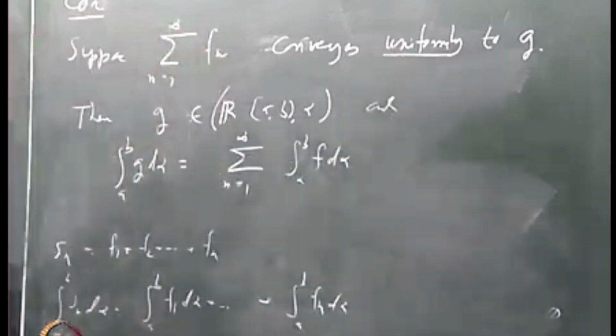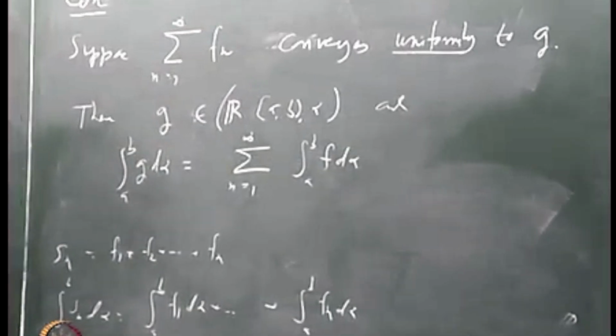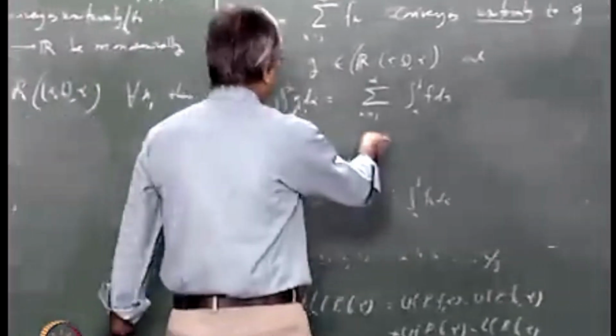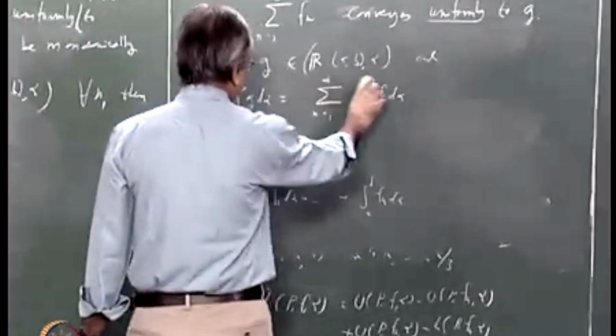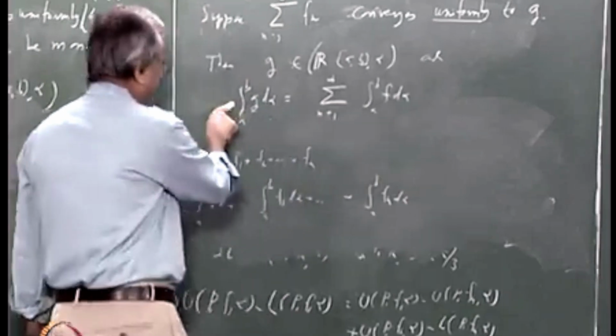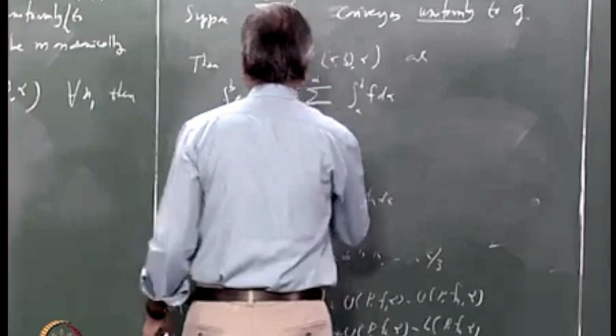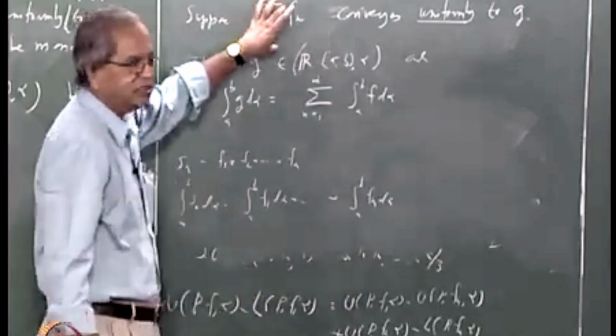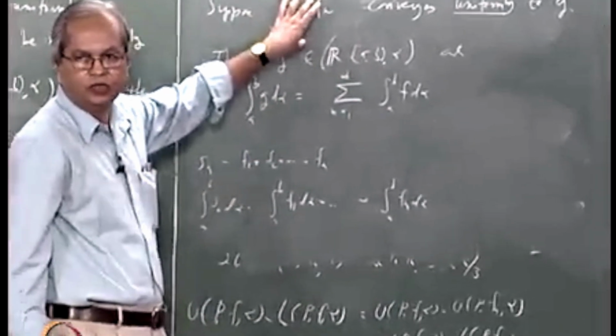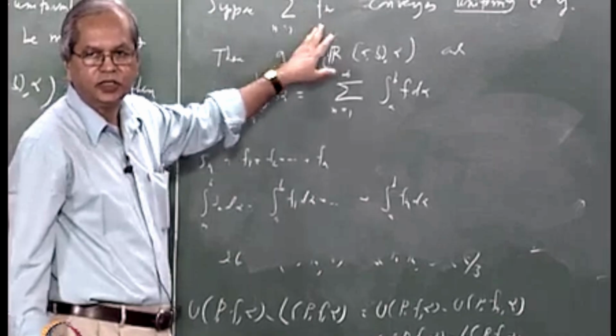If the series converges uniformly, then the series formed by taking the integrals converges to the integral of the sum, okay. In other words, this is roughly expressed by saying that you can integrate this series term by term, that is, you can interchange the operations of integration and summation.